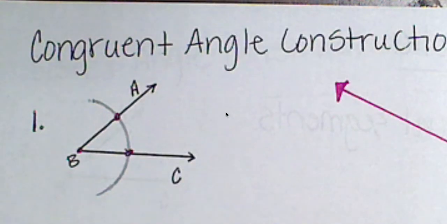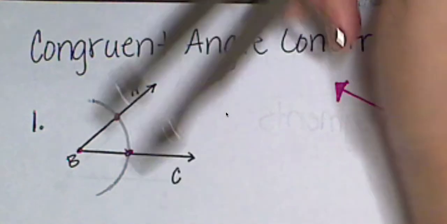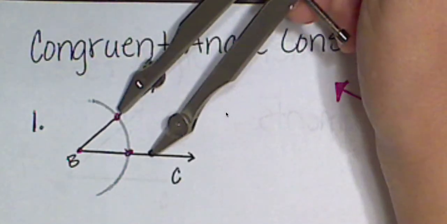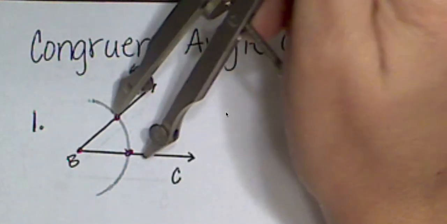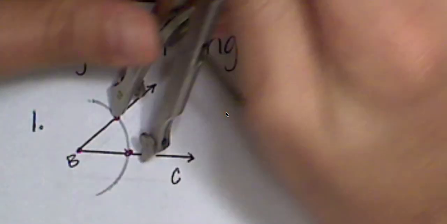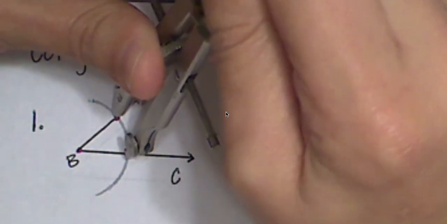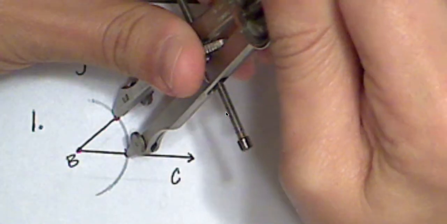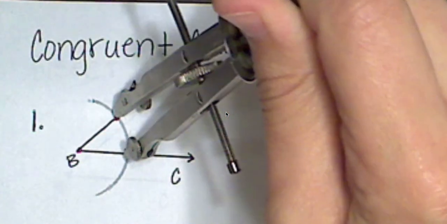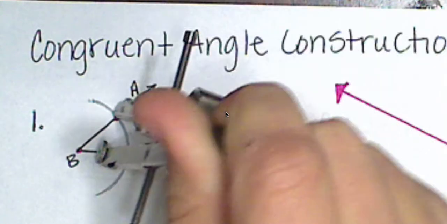To do so, it's very similar to everything else. You put the tip of your compass at this point, and you make sure that your other end hits this point here. Now to signal that you've actually done this, make another arc here.